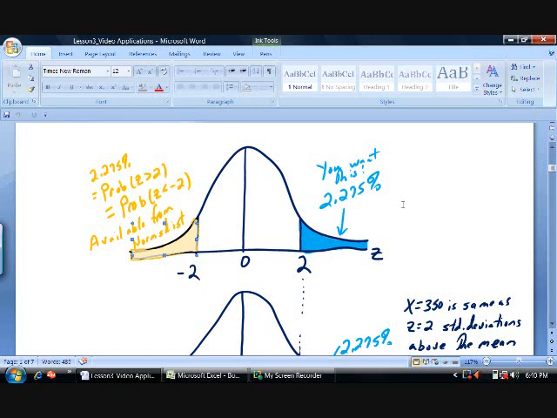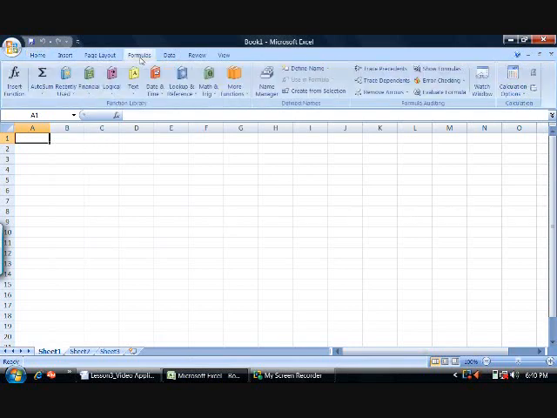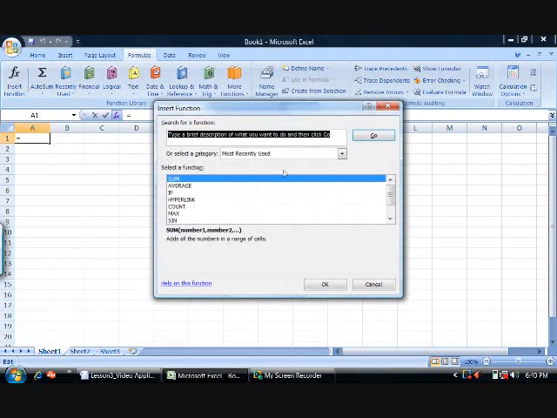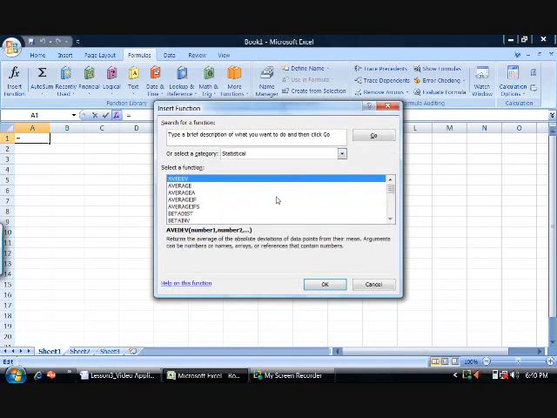So let's go to Excel and find the probability for a z value of minus 2. In Excel, all I have to do is use my formulas and my f of x, and what am I going to use? Statistical formulas. I know these are alphabetically arranged.